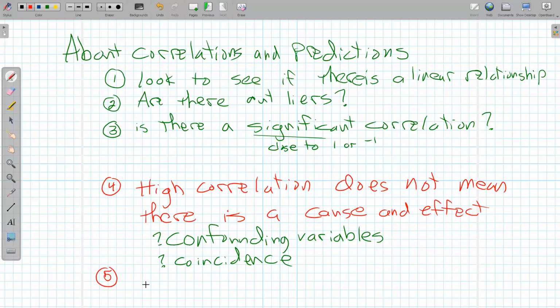Another consideration, if there is a weak correlation, does not mean there's no association between the variables.